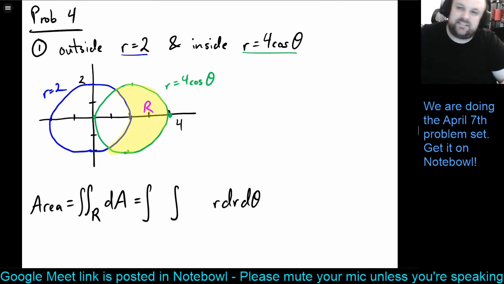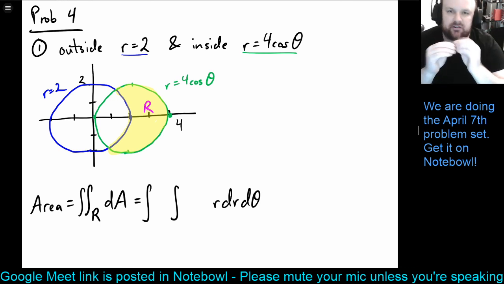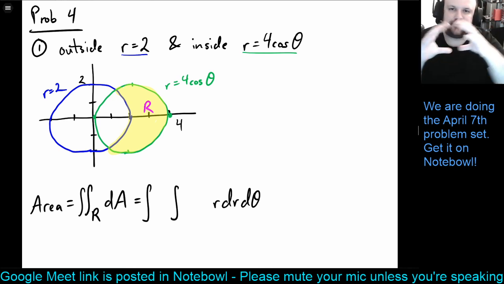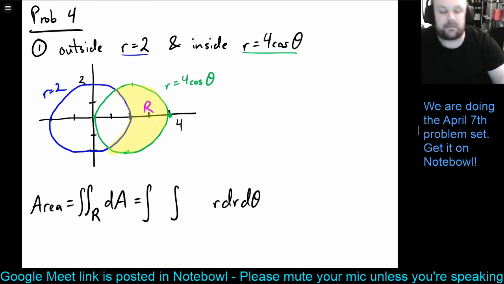So how do we set up these bounds? When we're looking at r, the important thing to remember when we're graphing polar equations is r starts at the origin and expands outward. That's the important thing to remember about polar coordinates.